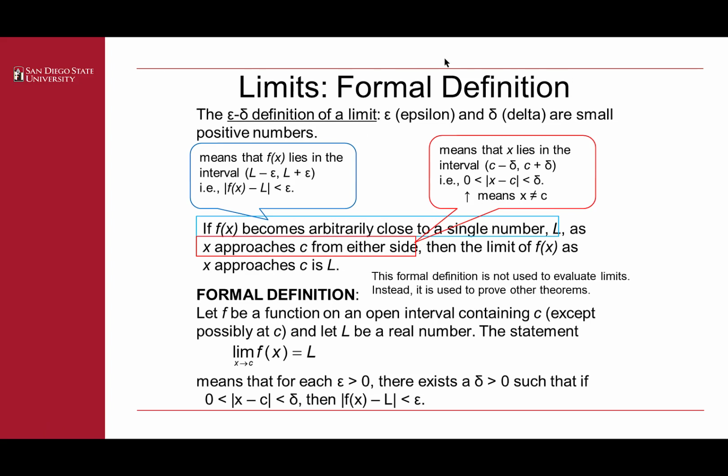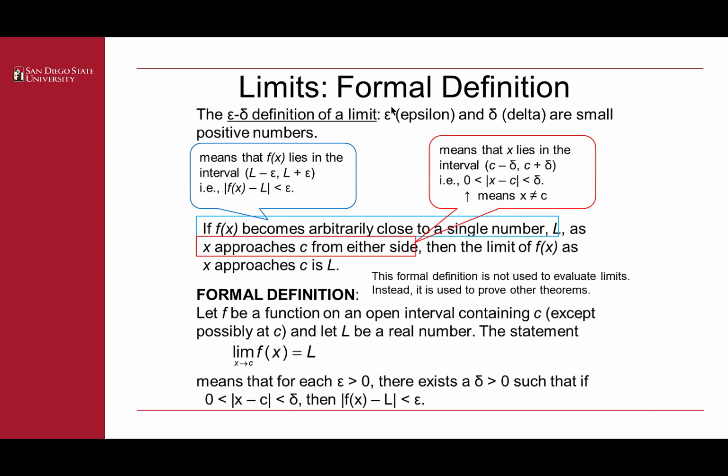Let's give a more formal definition of the limit. It is called the epsilon-delta definition of the limit. Epsilon and delta here are very small positive numbers. So if f of x becomes arbitrarily close to a single number L as x approaches c from either side, then the limit of f of x as x approaches c would be L. Here let's make the statement more clear.